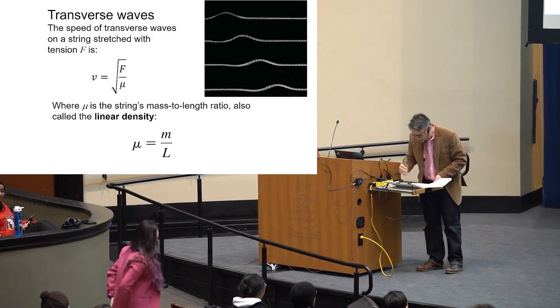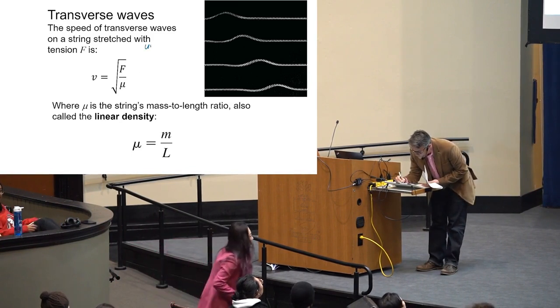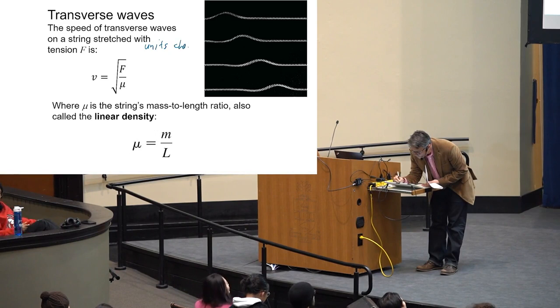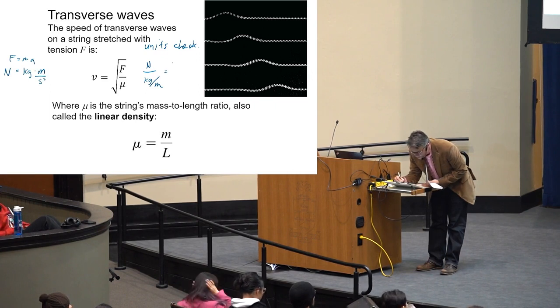I always feel a little surprised. Should we check the units here? It looks ridiculous, right? Let's do a units check. How could it possibly be right? Well, it's newtons per kilograms per meter. A newton, remember F equals ma, means a newton is equal to a kilogram times a meter per second squared. So this is equal to kilograms meters per second squared divided by kilograms divided by meters.